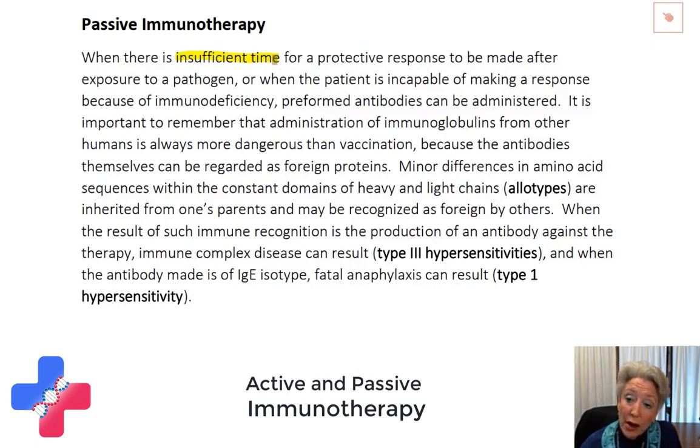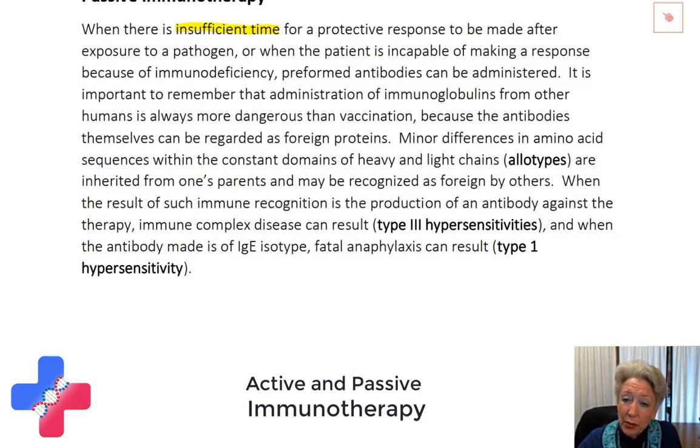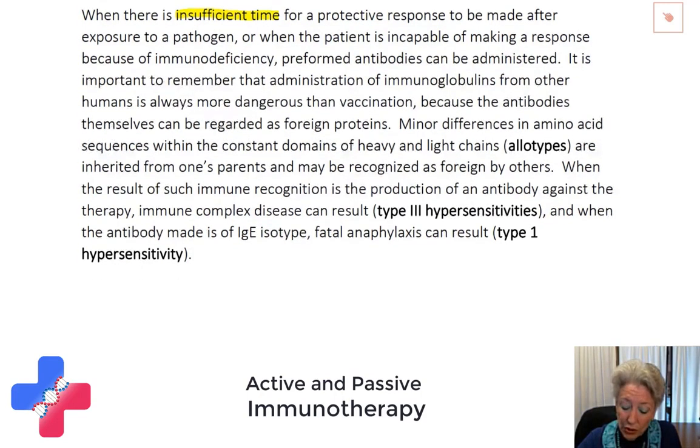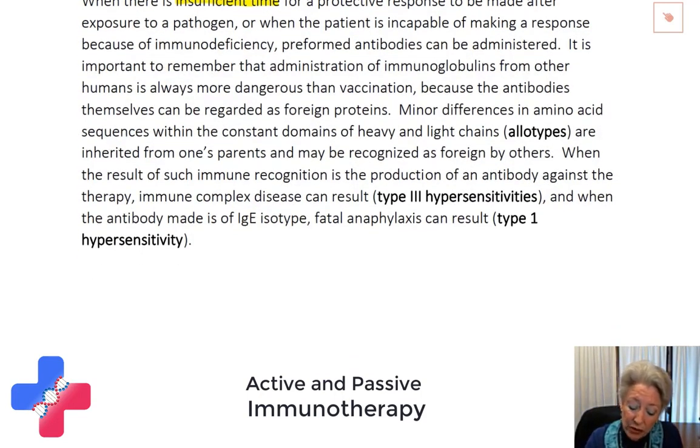And the reason why this is really a preferred last course scenario is because I need to remember that immunoglobulins, when I give them to a patient, are glycoproteins. Glycoproteins are immunogenic. And so a person of one genetic heritage can actually recognize the immunoglobulins of another human being as being foreign.